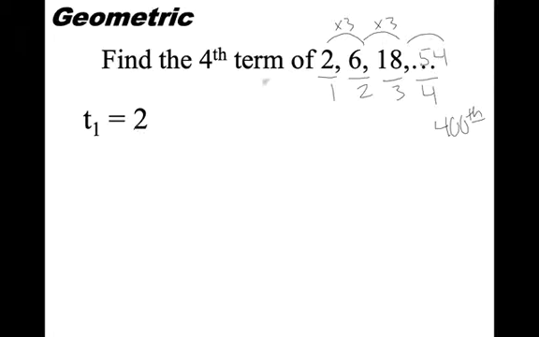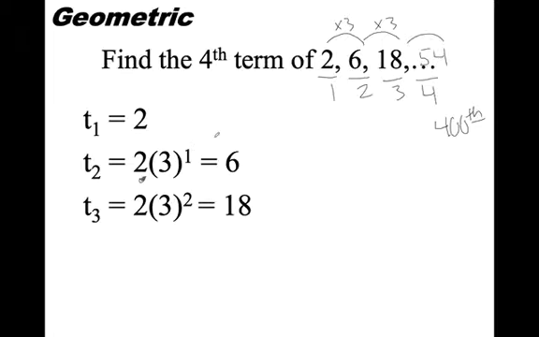We see term 1 has a value of 2. Then we see term 2, it starts with our first value, 2, and we just multiplied it by 3 once. Then we see term 3, which is 18. How do we get 18?